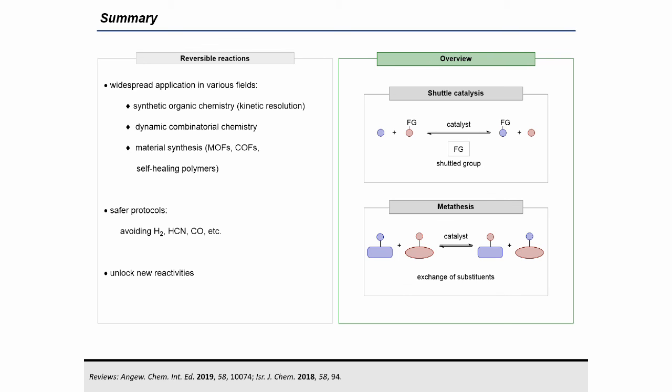The conceptual realization of shuttle catalysis and metathesis reactions enabled the implementation of safer protocols, as for instance the use of hydrogen gas or toxic hydrogen cyanide could be avoided by the development of transfer hydrogenation or transfer hydrocyanation protocols. Overall, also novel reactivities could be established based on these principles, as for example showcased in the dehydrocyanation reaction of aliphatic nitriles to access alkenes.